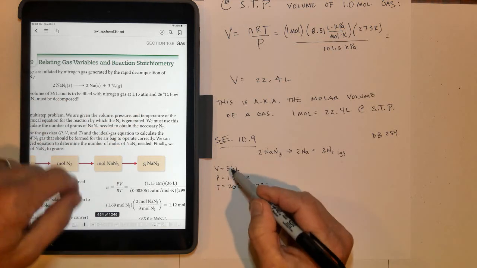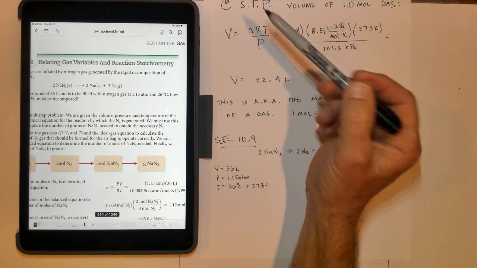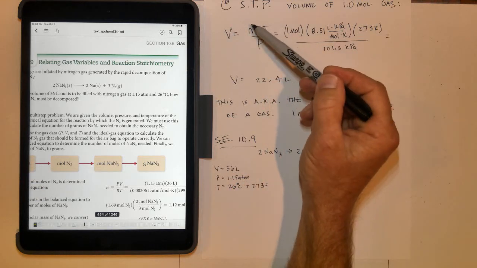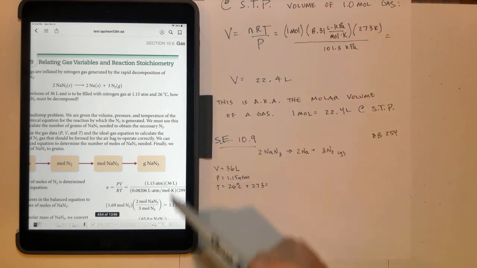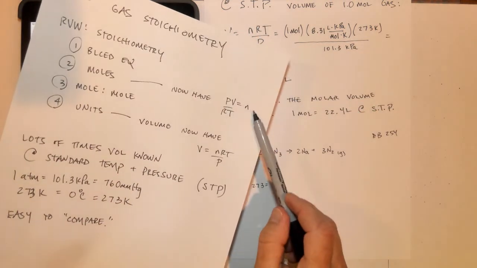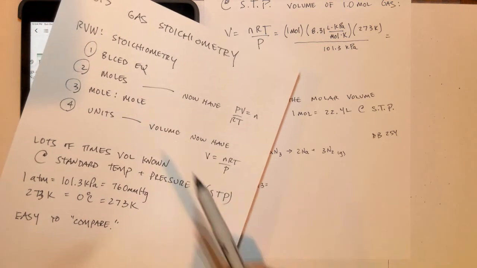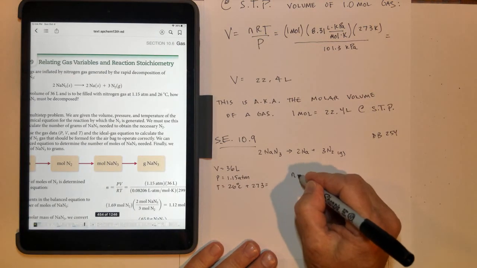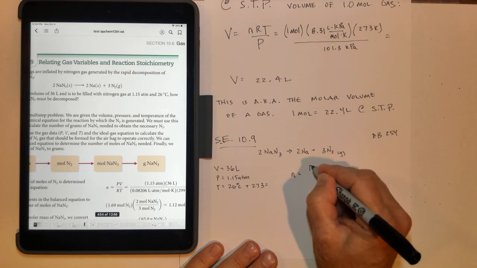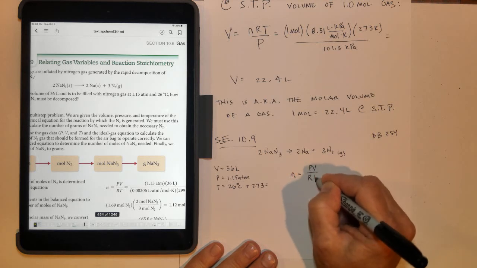And then we've got V, P, and T, and if we have V, P, and T, we can find our number of moles. So this is a use of PV equals nRT to find our number of moles in step 2 of stoichiometry. So n is equal to PV divided by RT.